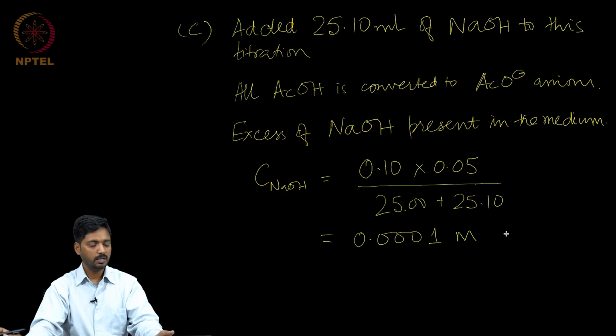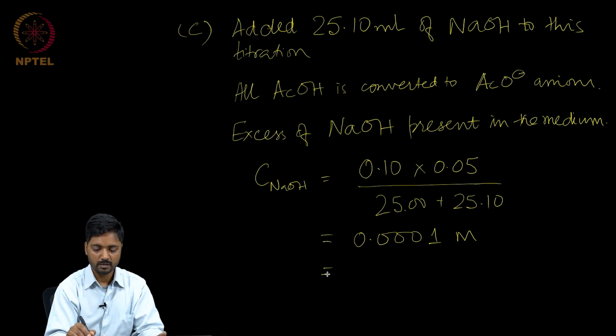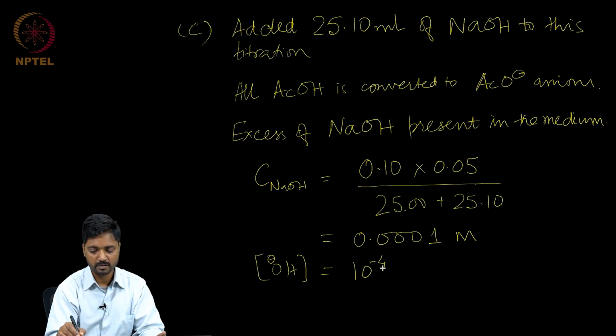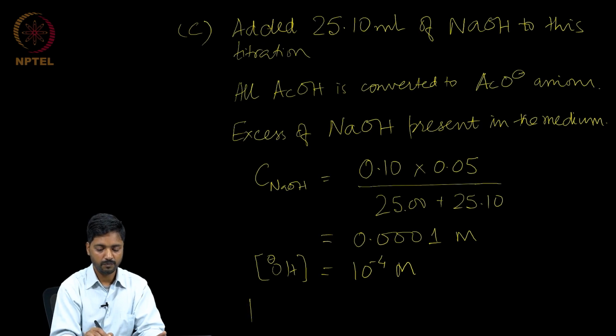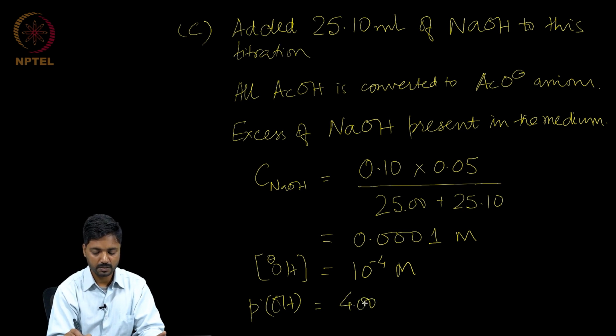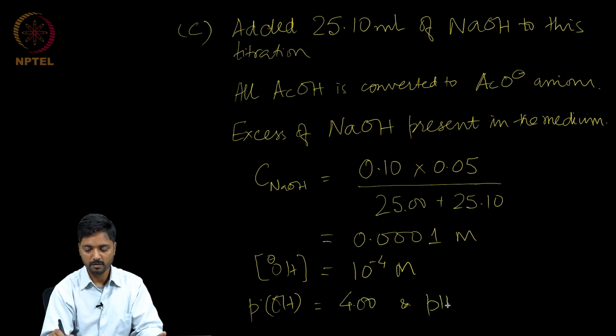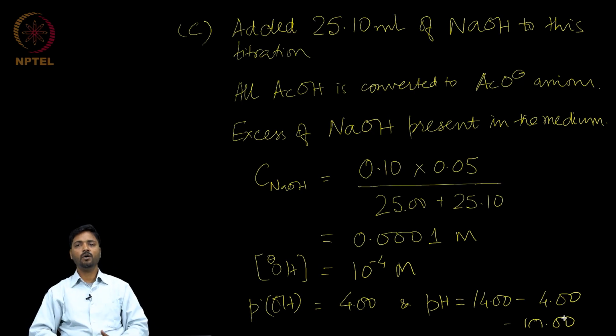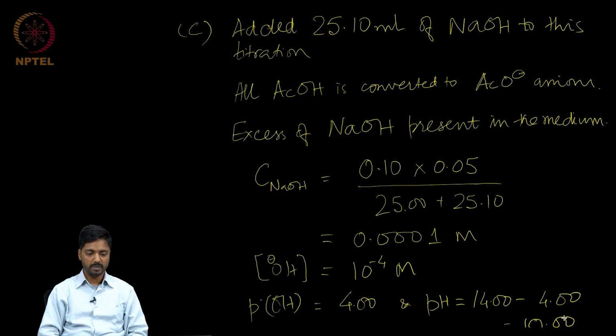Now, when we have this concentration of hydroxyl anions present, we have a pOH value of 4.00, and hence the pH value is equal to 14.00 minus 4.00, which is nothing but 10. So, of course, as we add a little excess of sodium hydroxide, the pH increases and becomes even more basic.